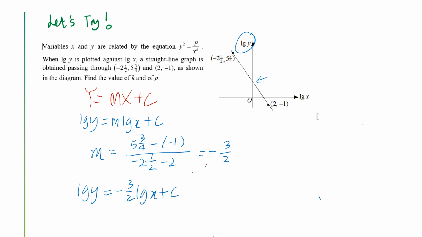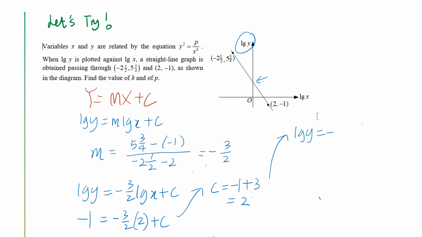Alright, so we are given 2 points there. Obviously, I would use (2, negative 1) because it's simpler than the one given above, which are both in fraction form. So ln y would just be negative 1, ln x will be 2, and plus c. So from there, c equals negative 1 plus 3, which gives you 2. So therefore, the equation will be ln y equals negative 3 over 2 ln x plus 2.